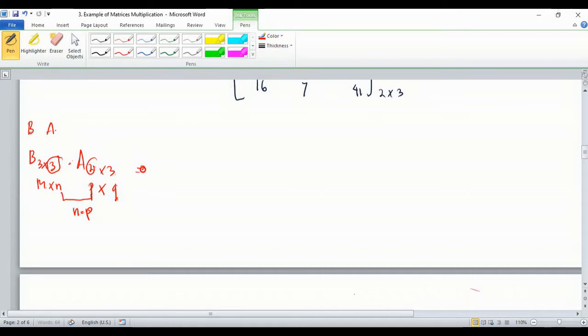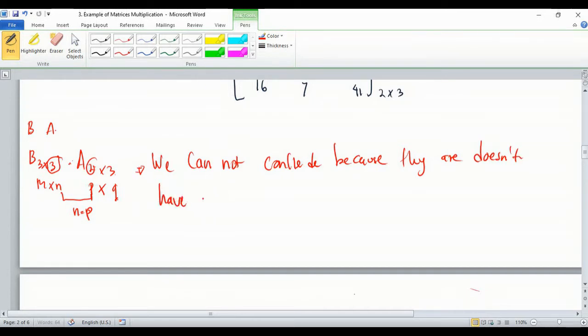So we cannot multiply them because they don't have the same values of N and P. So we can finish it and make a conclusion.